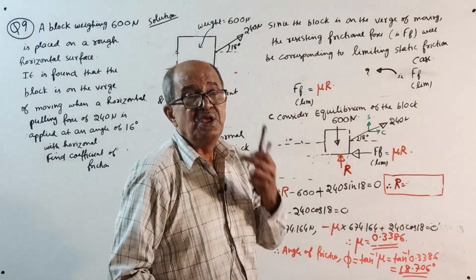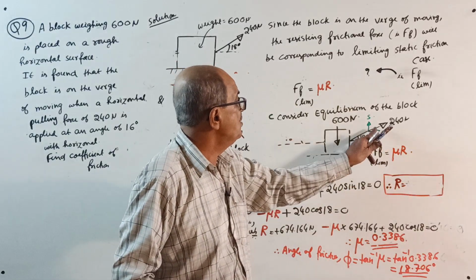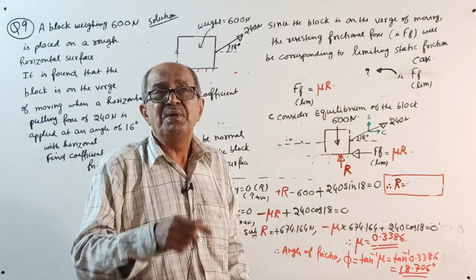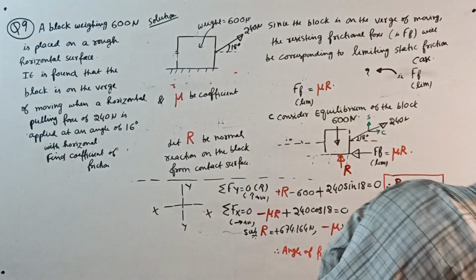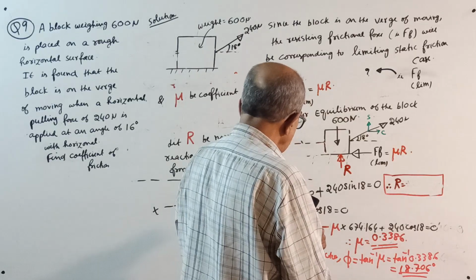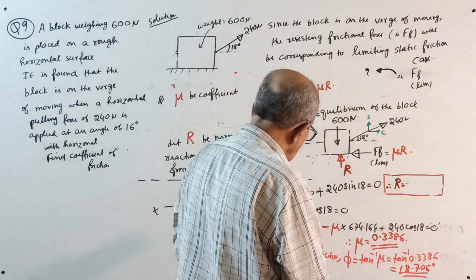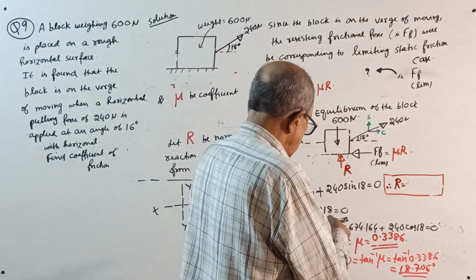This time your R will come less than 600 because the upward component of 240 will slightly lift the body, so pressure will be lesser. I told you this earlier. But it is an independent question, don't compare. R equals 600 minus 240 into sine 18, which is 525.835.